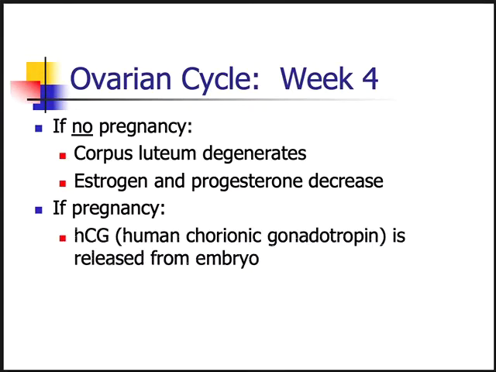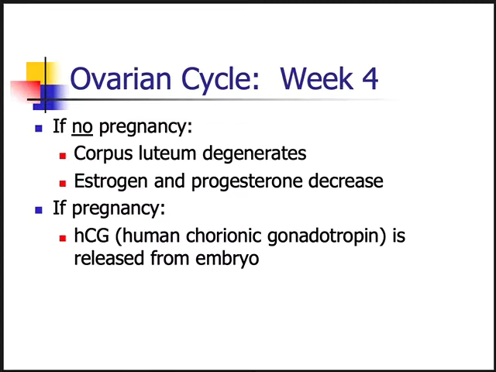If pregnant, then you will suddenly make HCG, the human chorionic gonadotropin hormone. This is typically what's tested for on a pregnancy test, especially if you go and get a blood test. This is specifically what they test for.